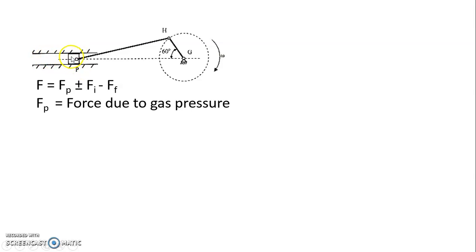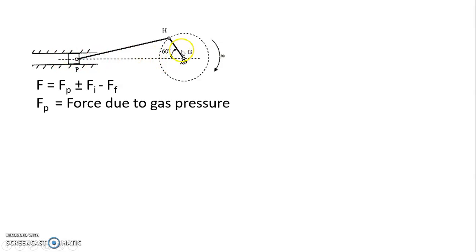During this movement, the slider is accelerating towards right, and hence the inertia force will be towards left. Hence we will have to use a minus sign. That is, we will have to subtract the inertia force from the force due to gas pressure.